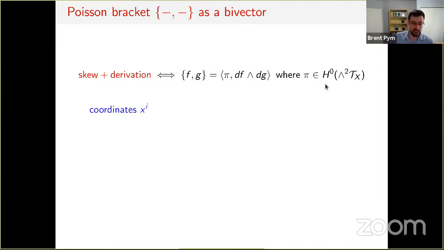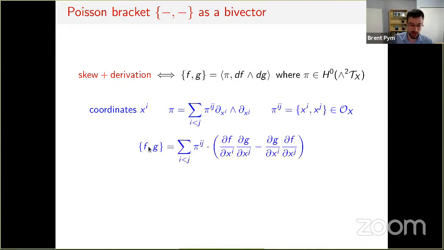In local coordinates, this bivector looks like this, where the pi_ij are some functions, which are the brackets of the coordinates. And then the bracket of any pair of functions is represented in this form. It looks similar to that basic example, but now you take linear combinations of such things with pi_ij coefficients.